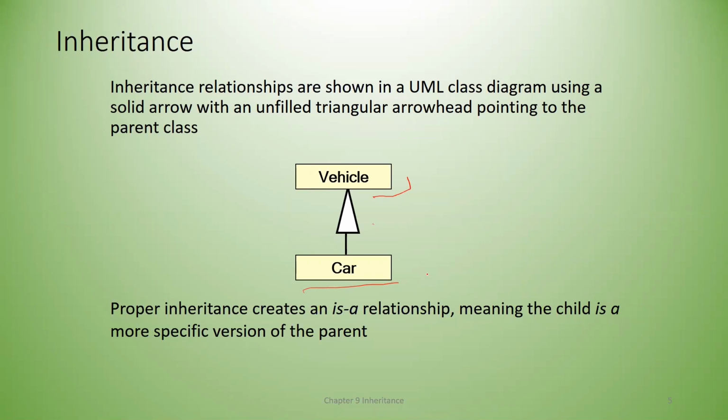A bicycle even, an electric bicycle maybe, can be a vehicle. A bicycle itself is, but it's not electricity powered. So in this sense, a vehicle is the superclass, right? And car is a child class.